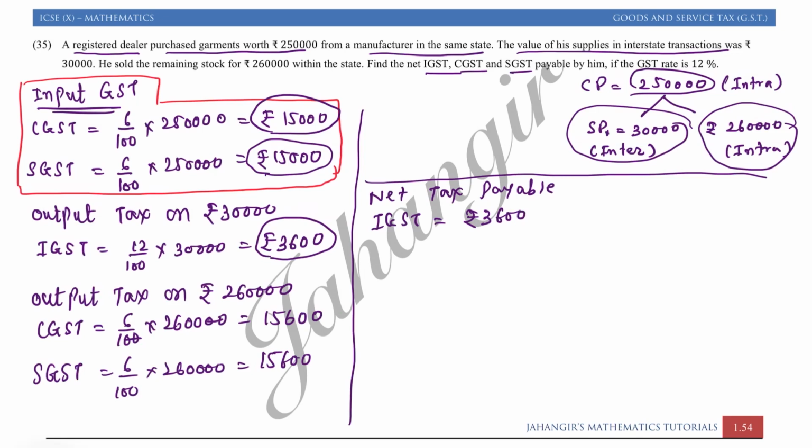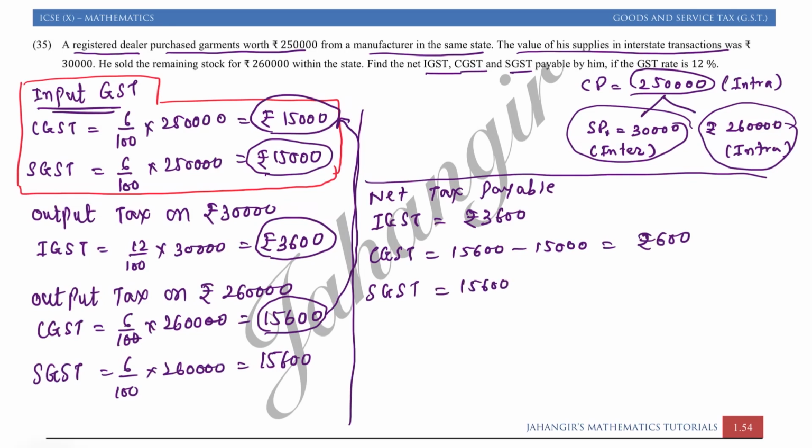Then for CGST, the output is 15,600, but out of that 15,000 has already been paid. So 15,600 minus 15,000 is rupees 600, payable to the CGST. And for SGST we pay the same, 15,600 output minus 15,000 input, that is rupees 600. In this way we are going to pay tax.